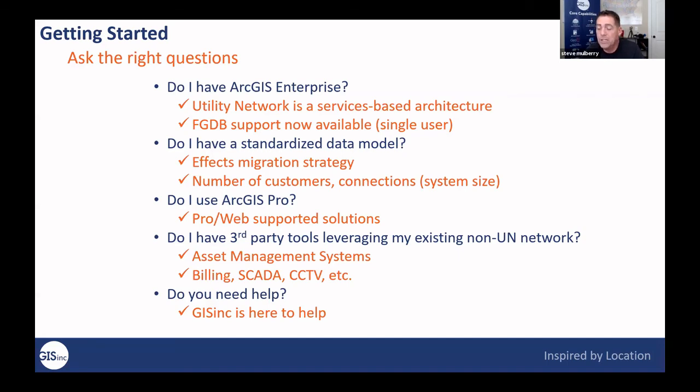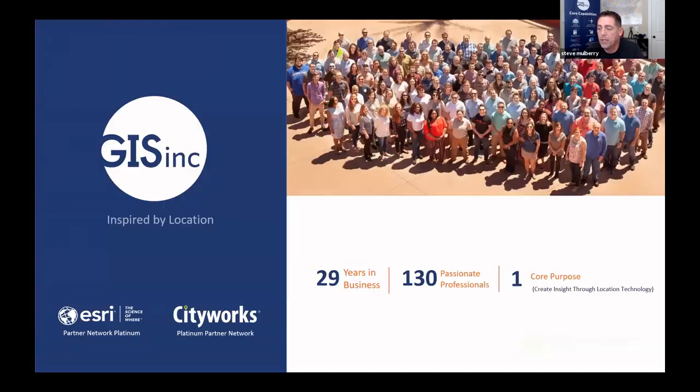And do you need help? This is where we at GISinc can come into play. We've been around for a long time, almost 30 years now, with 130 passionate professionals who wake up every day trying to help our customers get the most out of their GIS. What's really important, no matter who you get help from, is to make sure they have the utility network specialty designation that Esri requires its business partners to have.